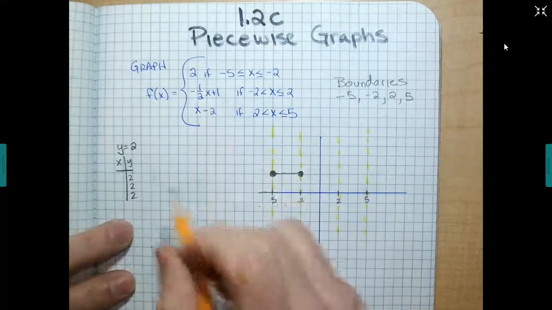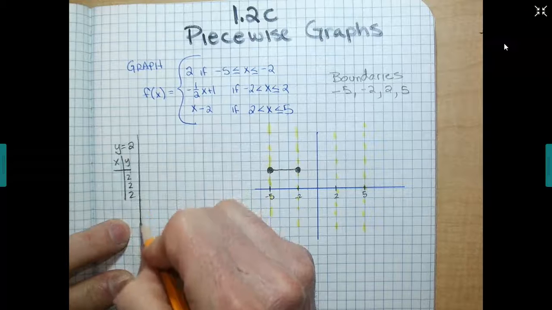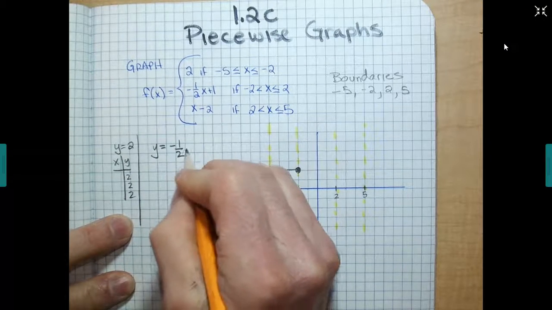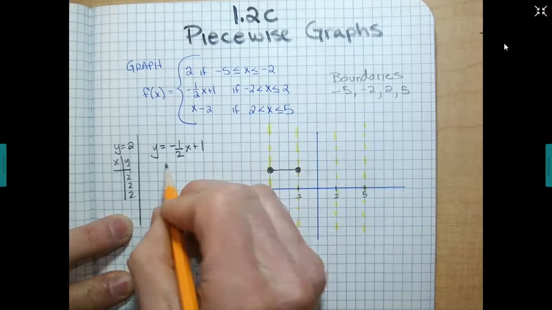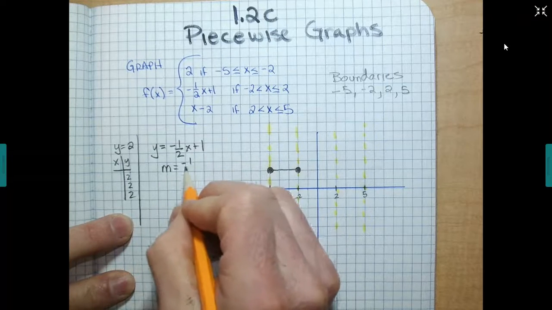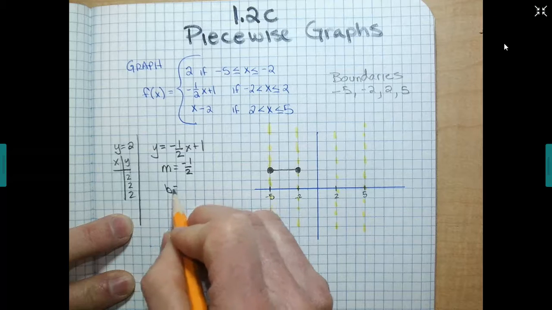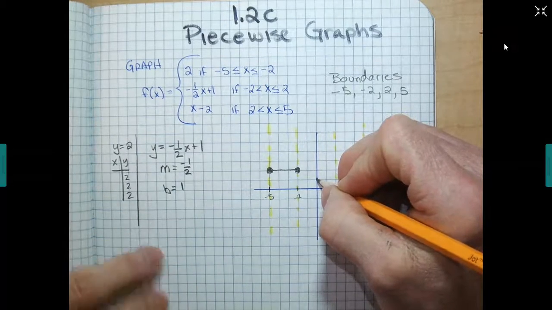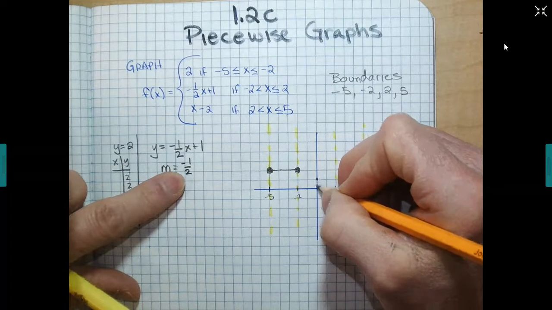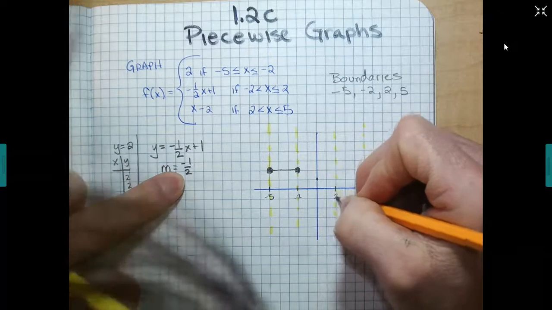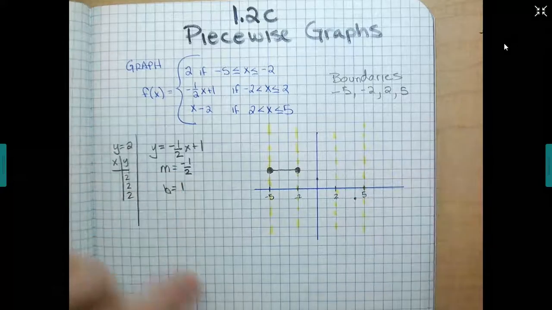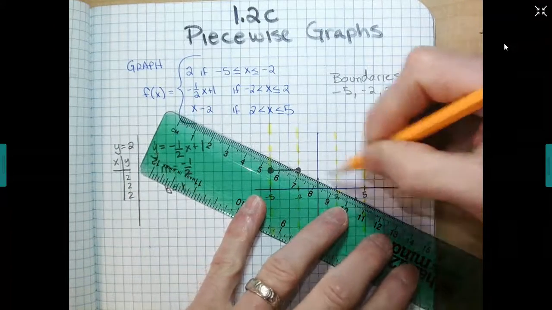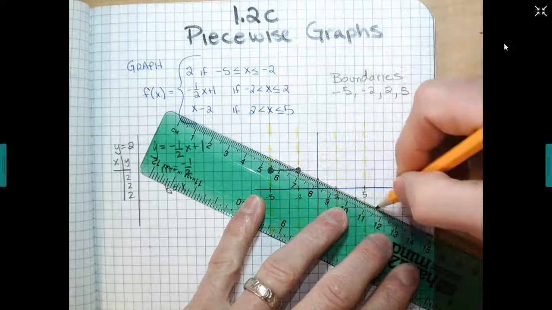And then we have y equals -1/2 x plus 1. So my slope is -1/2, and my y-intercept is 1. Using graph paper and a ruler is really good for these.